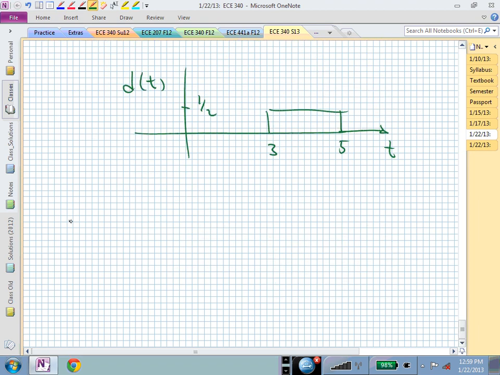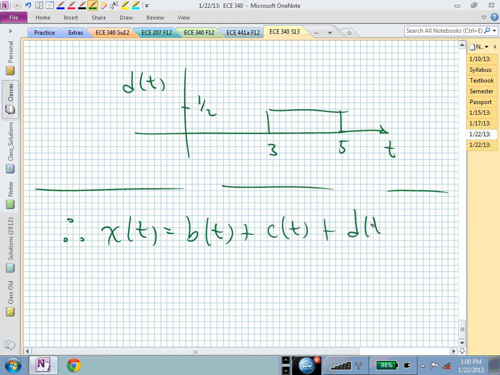And we're finished. Now we can say that x of t is actually made up of a linear combination of b, c, and d. Or, written in terms of pi's, that was pi of t over 5 plus pi of t minus 2. So we expanded, this was b, pi of t over 5.